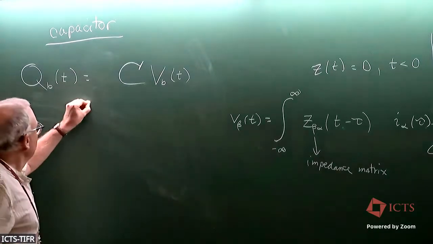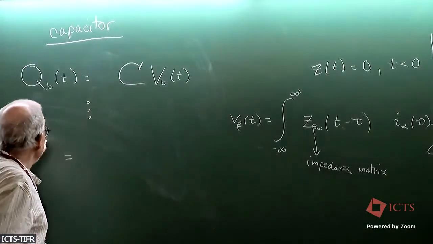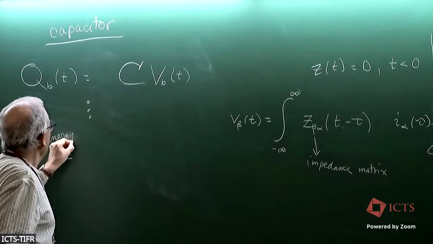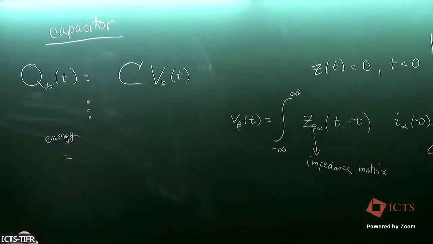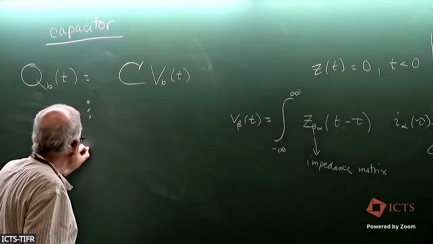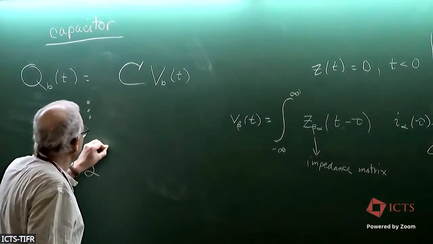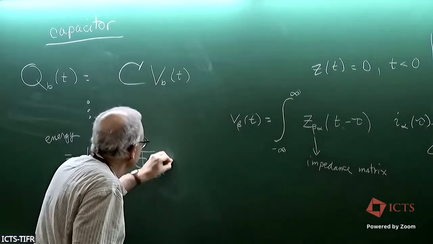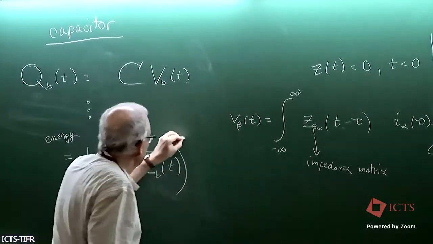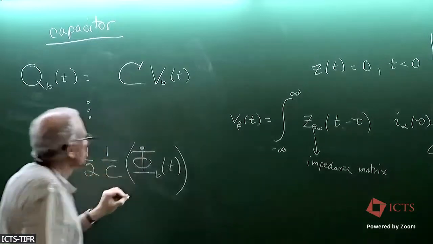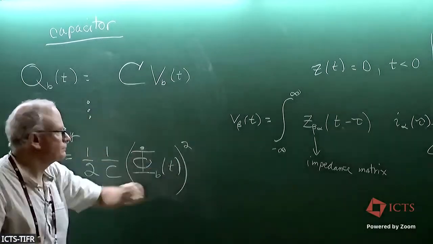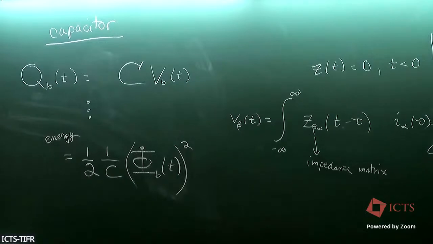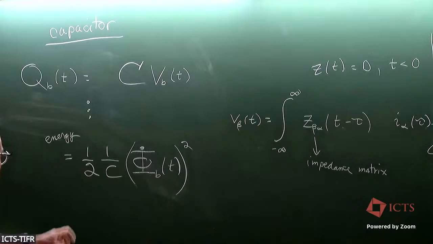And then derivation will give us an energy expression, which I can also write in terms of the φ of the branch: 1/2 C φ_b dot of t, the time derivative, squared. You can imagine why that would happen. But since I'm not doing the full semester version of this, I won't do this derivation.